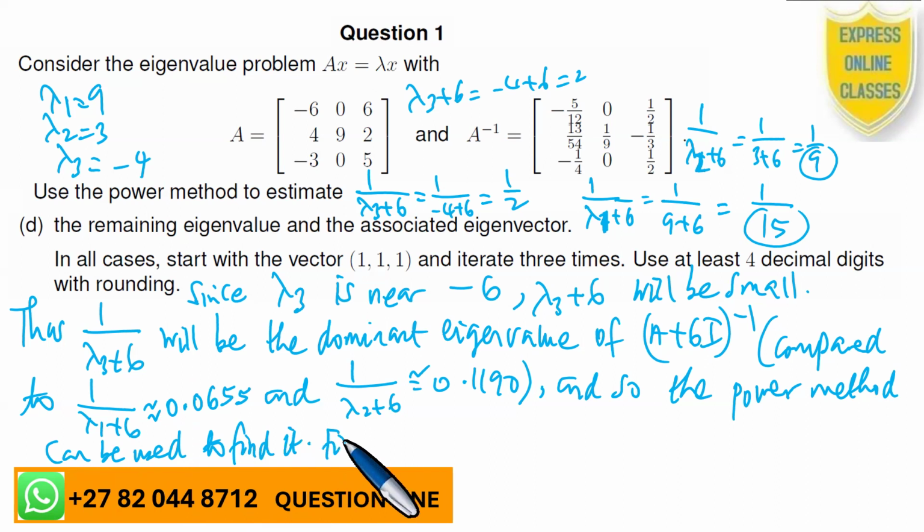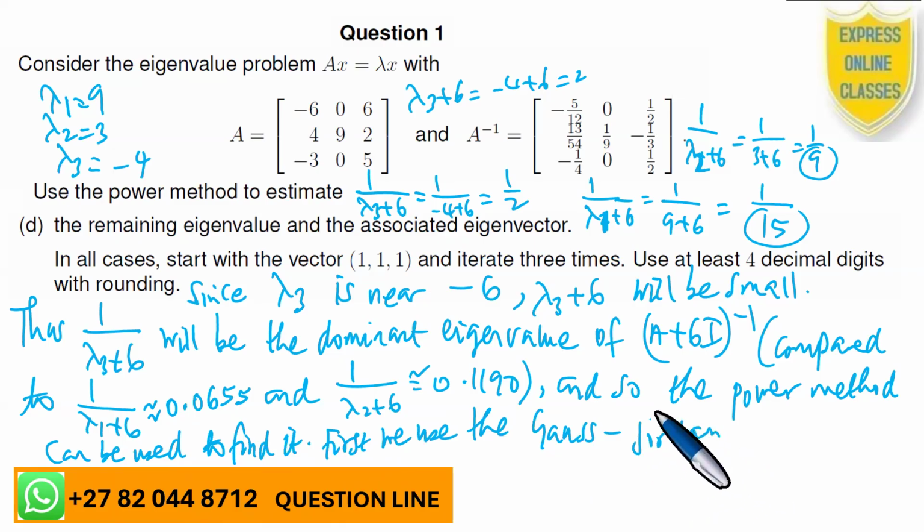First, we use the Gauss-Jordan method. Okay, we use the Gauss-Jordan method that is used in undergrad studies for matrices to find precise solutions to obtain A plus 6I.